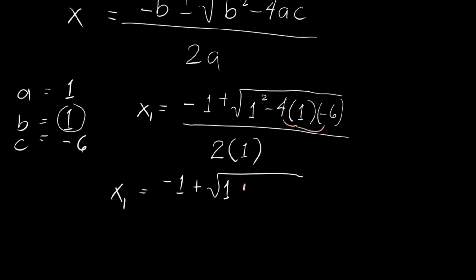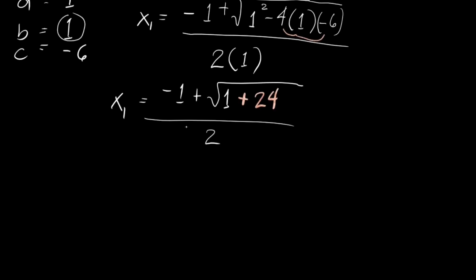Ilagay natin plus 24. All over 2. Okay? So, let's try. x sub 1 is equal to negative 1 plus square root of 1 plus 24 will be 25.